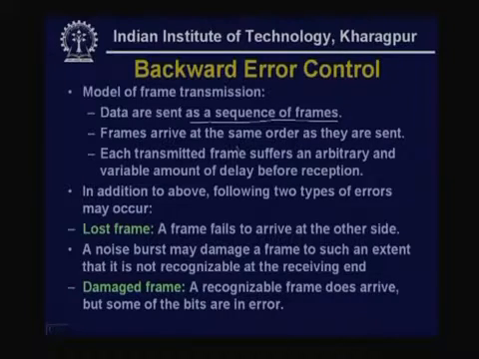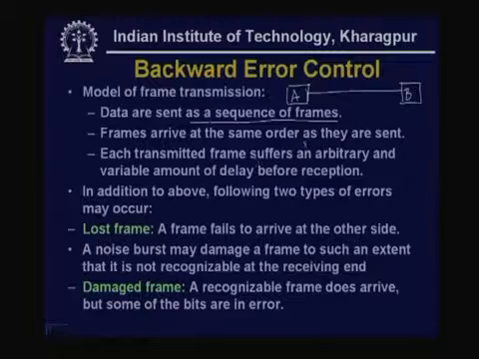We are assuming that frames are reaching the destination in the same order, because usually we are considering the case where the two nodes A and B are linked by a direct communication link. So in such a situation, there is no possibility that the frames will be reaching out of order. They will be reaching in the same order.